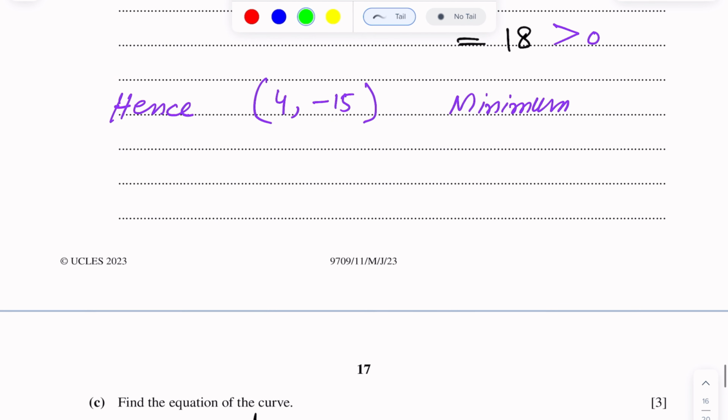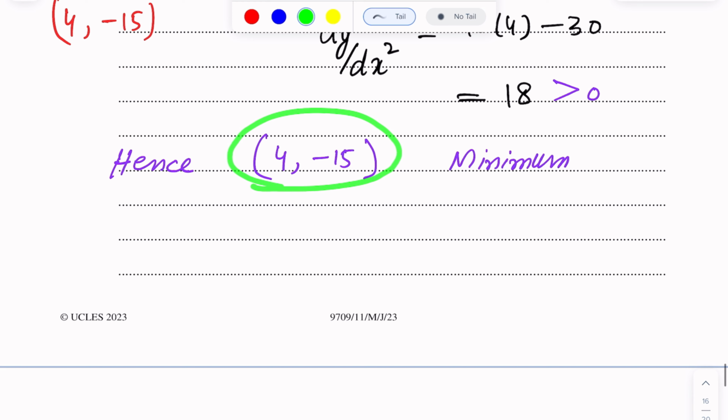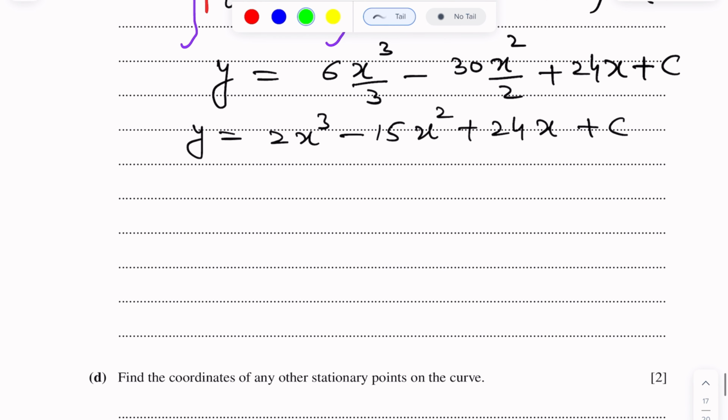Since the stationary point is given as (4, -15), this point lies on this curve. So we are putting this point (4, -15) into the equation of the curve. We get y is negative 15, x is 4.